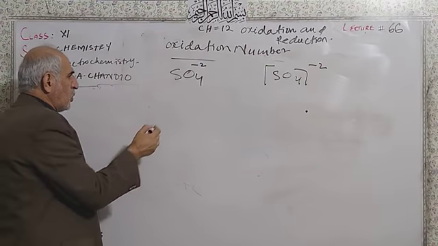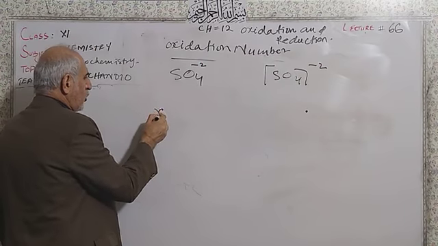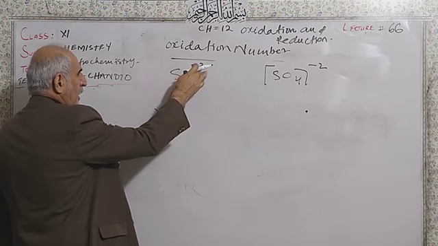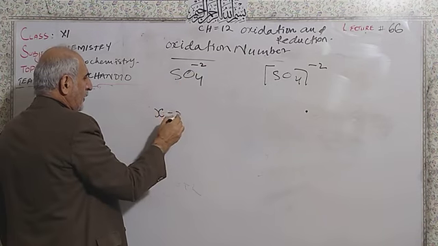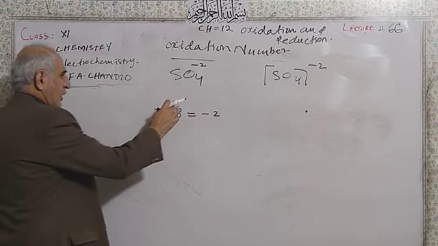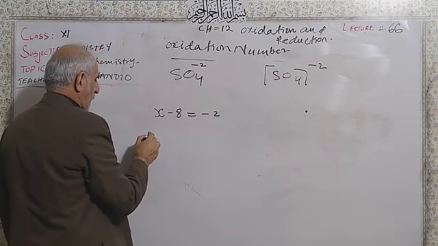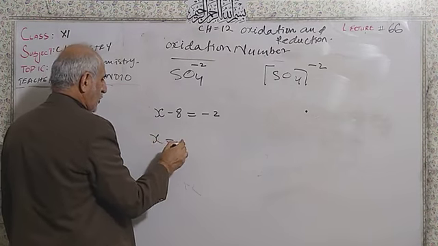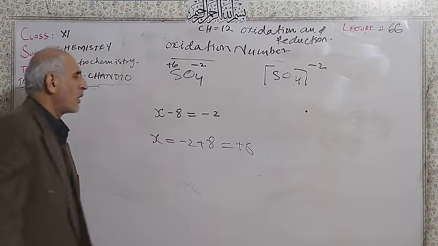Oxygen is negative 2. So I want to calculate sulfur, x. Negative 2 multiplied by 4, negative 8, and is equal to negative 2, which is the charge on the whole sulfate. So x will be equal to negative 2 and plus 8. So it will be plus 6. So this sulfur is plus 6 here.